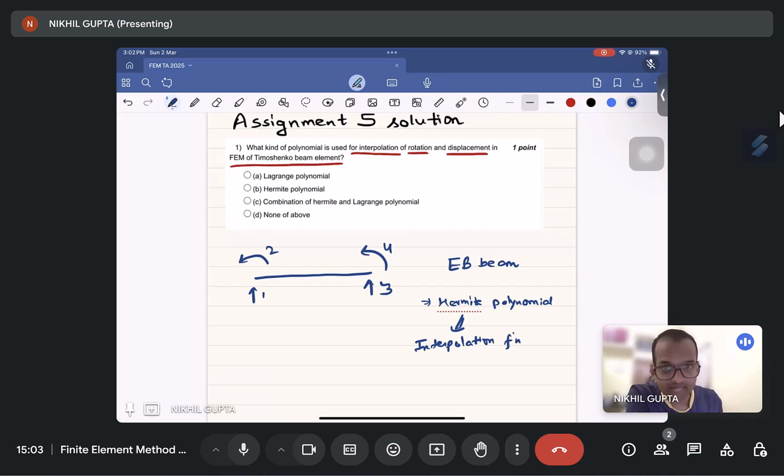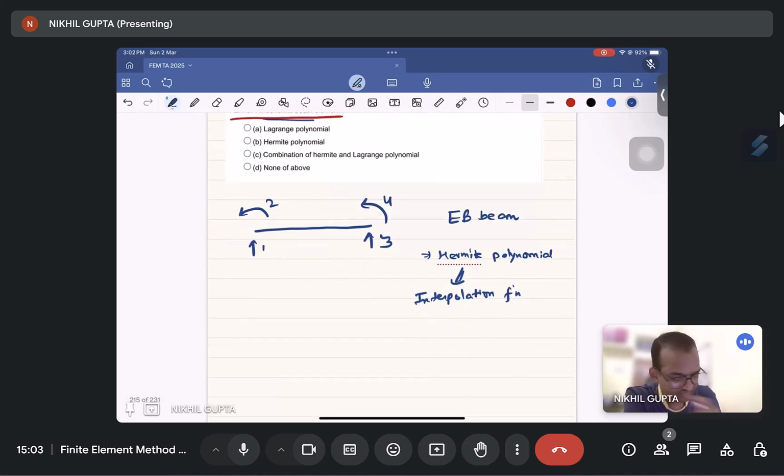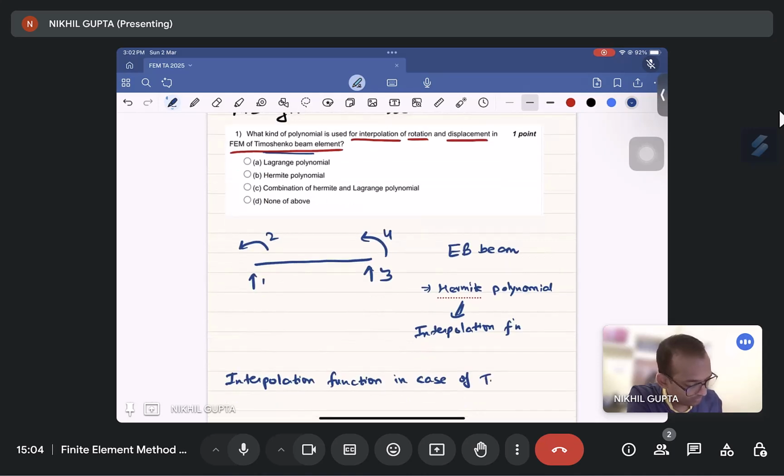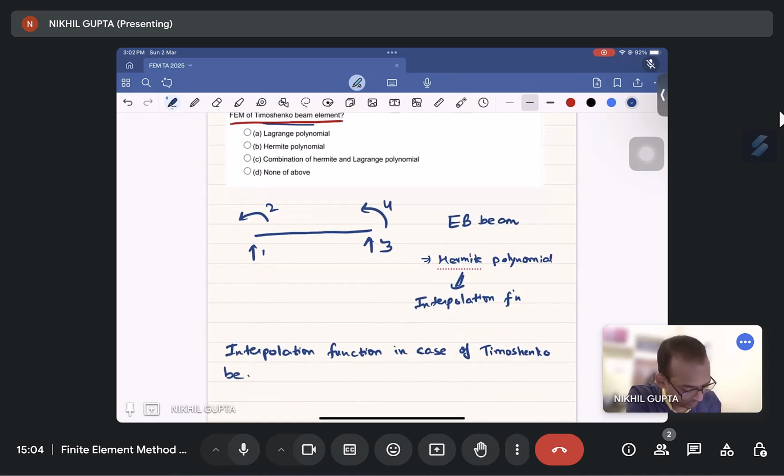But in this question, it has been asked about the Timoshenko beam element. The difference between the Euler-Bernoulli and the Timoshenko beam is that we have to consider the shear forces, the effect of shear, in the beam. So for that, when we write the interpolation function in case of Timoshenko beam, it will be Lagrangian.